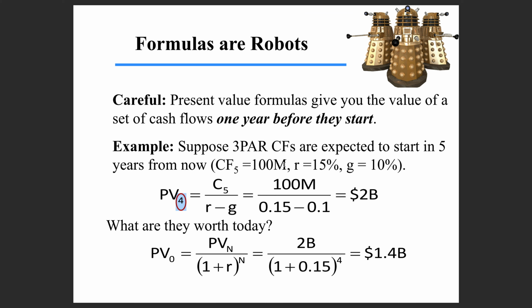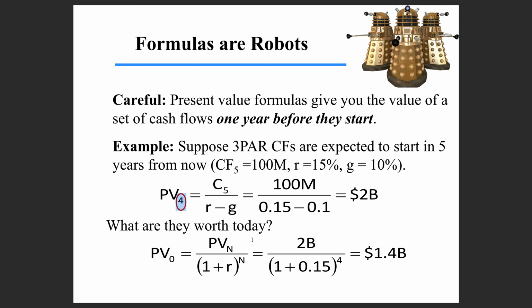So how do we convert now present value of time 4 to present value at time 0? We need to discount. So present value of time n would be discounted using discount factor of that time n. In our example, this is time 4 present value.